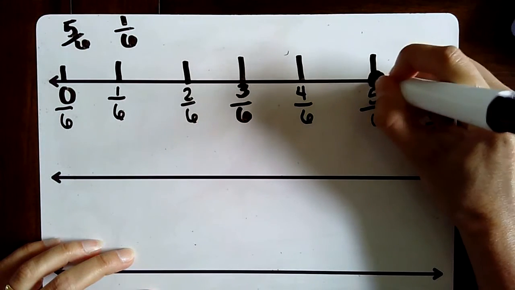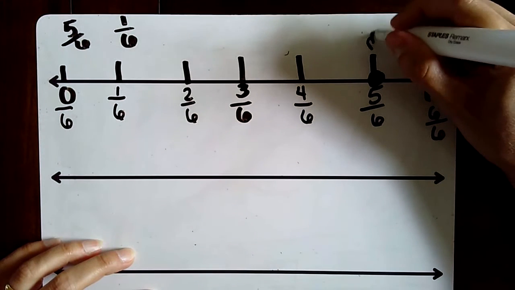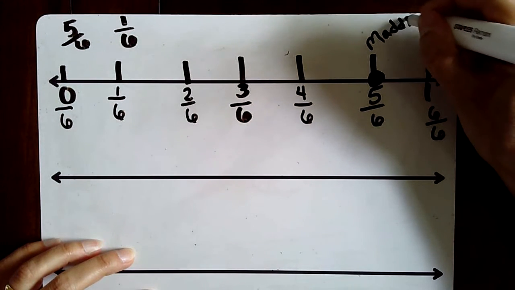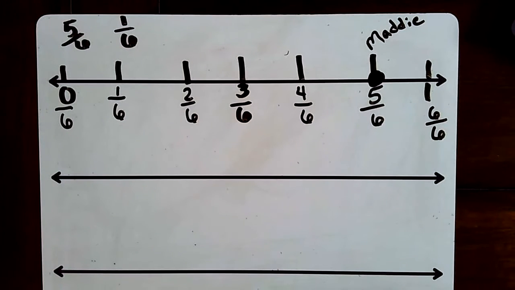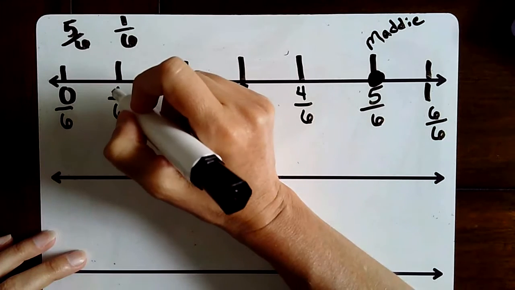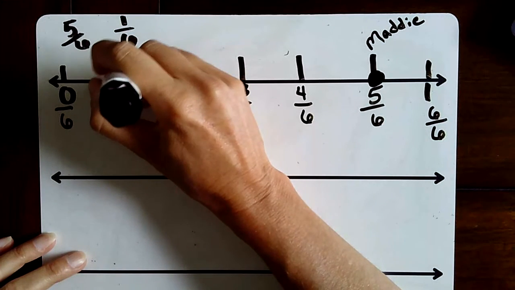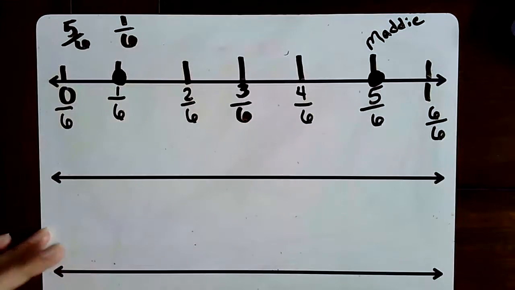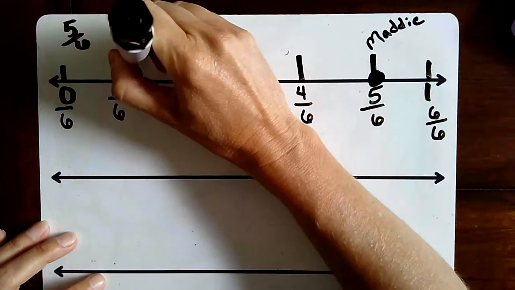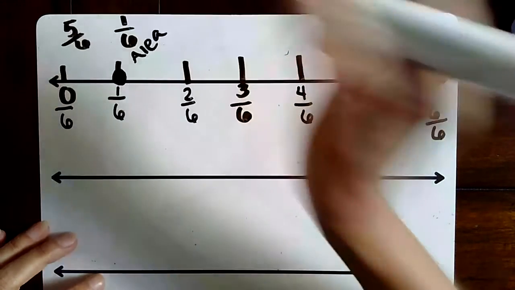So let's put her dot here and we'll label her Maddie. And then Aaliyah was also jogging, and she's a little tired this day, so she stopped to pick flowers at 1/6 of the trail. She only ran 1/6 of the trail because she saw some pretty flowers and wanted to pick those. So let's put Aaliyah here.